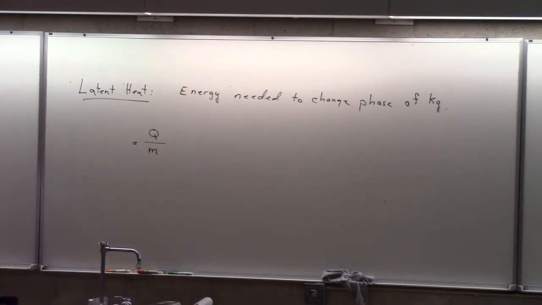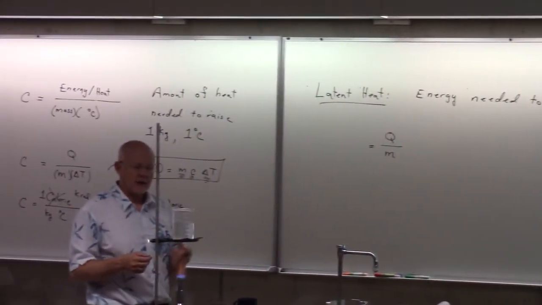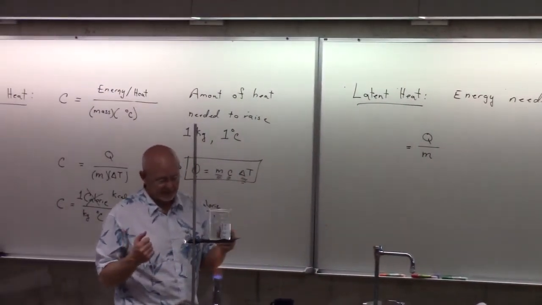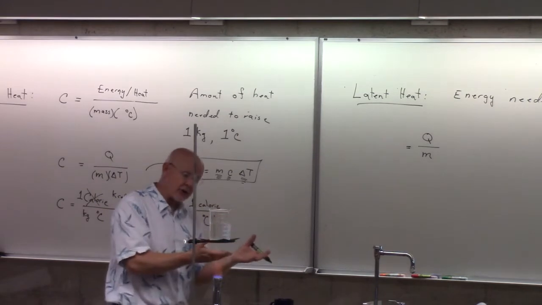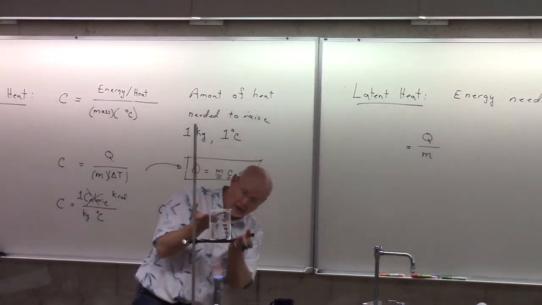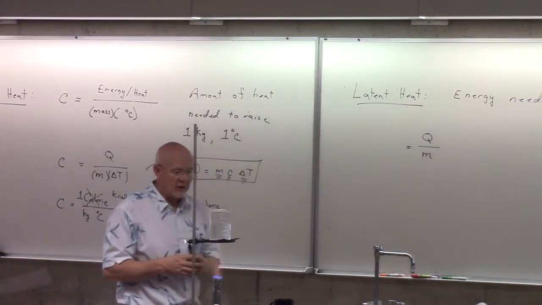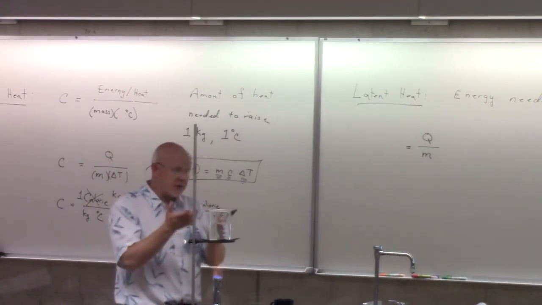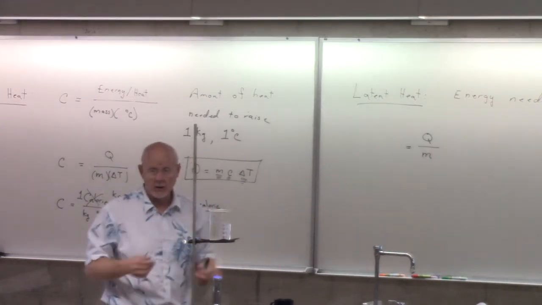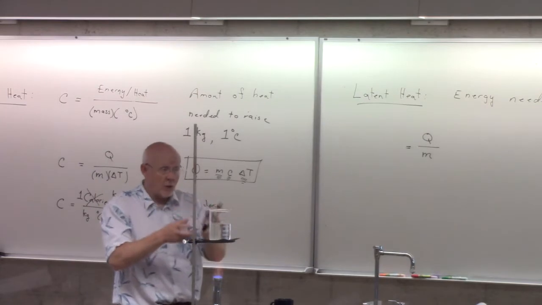And I know in my little experiment it's already changed, but if we went back to the beginning and said, all right, I have, and I didn't measure it accurately, but I can kind of see here on the beaker that I have 400 grams. So I must have put 400 grams of ice in here, which would be 0.4 kilograms.